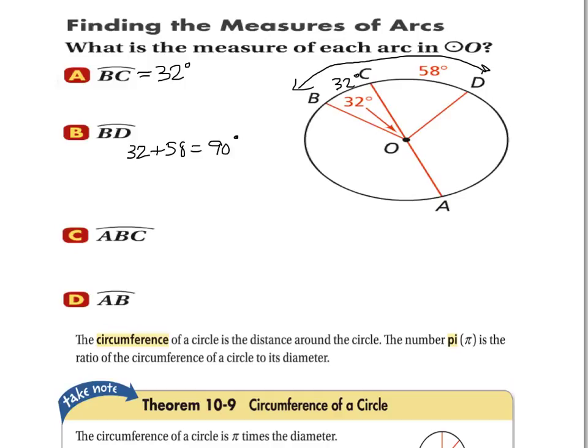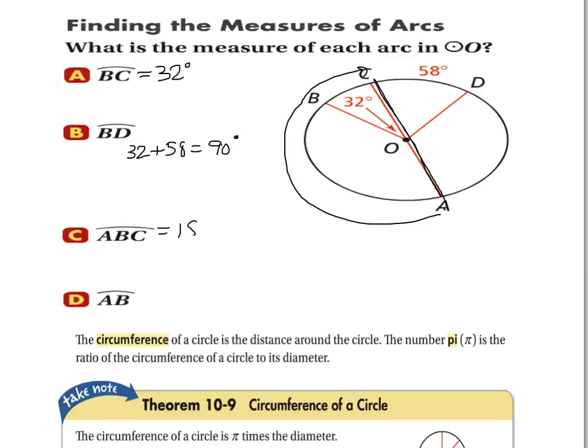All right, arc ABC. As you look here, arc ABC goes from A to B to C. Well, you'll notice that AC is a diameter here, which means that in this case, ABC is a semicircle. It's half the circle. So arc ABC has to be 180 degrees. It's a semicircle. And then finally the last one, arc AB.